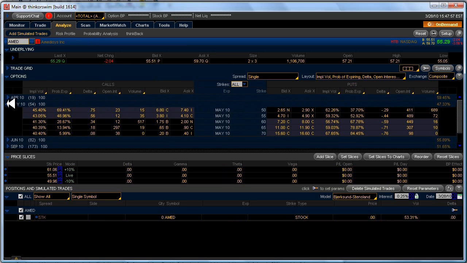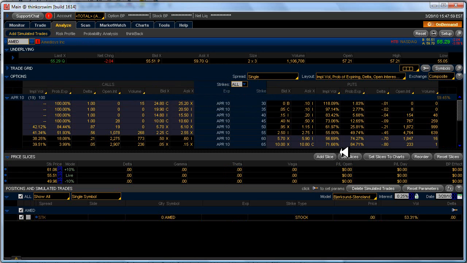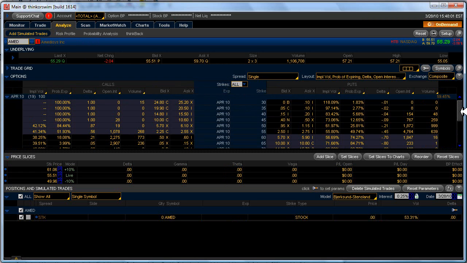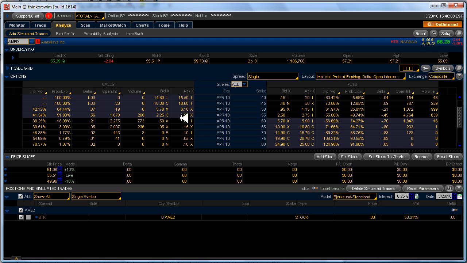And the way that we do this is I always go to the front month and take a look at what's happening here. It has very nice volume on the options that are close to the current price of the stock. So I want to pick one that's just out of the money.